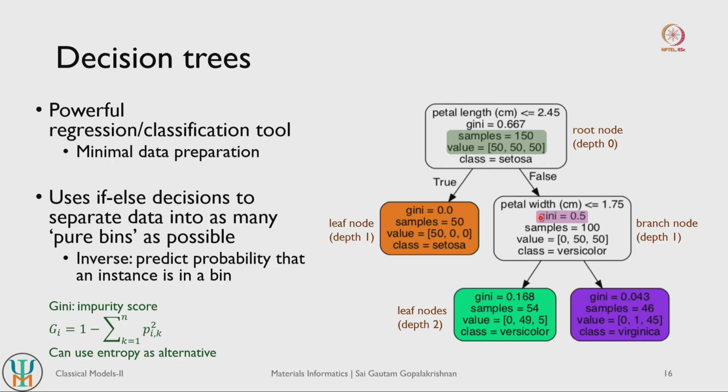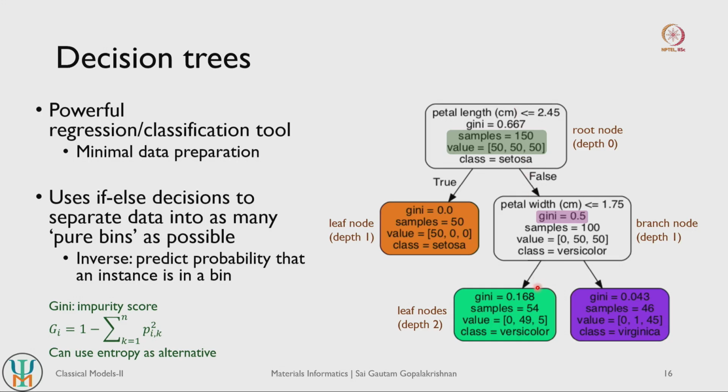So just using this petal width of 1.75 is not able to separate the data into very pure bins, but it is as pure as it can get for a simple decision tree. For versicolor we have 49 true classifications and 5 false classifications, and for virginica we have 1 false classification: 1 versicolor data point has entered here as a false virginica, along with 45 true virginica data points.